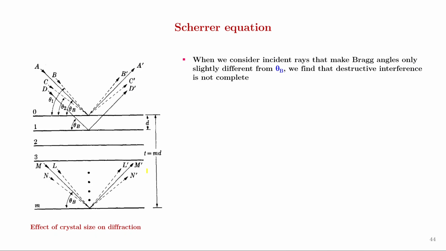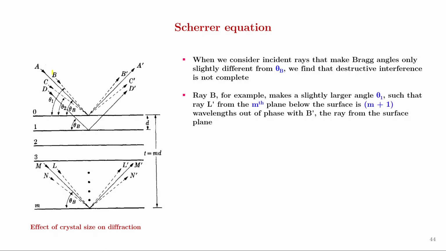When we consider incident rays that make Bragg angles only slightly different from theta b, we find that destructive interference is not complete. Ray B, for example, makes a slightly larger angle theta 1 such that ray L dash from the mth plane below the surface is m plus 1 wavelengths out of phase with B dash, the ray from the surface plane.